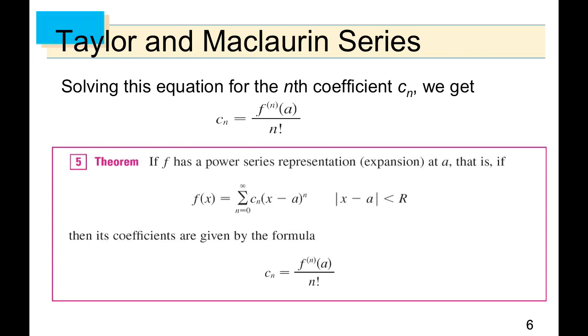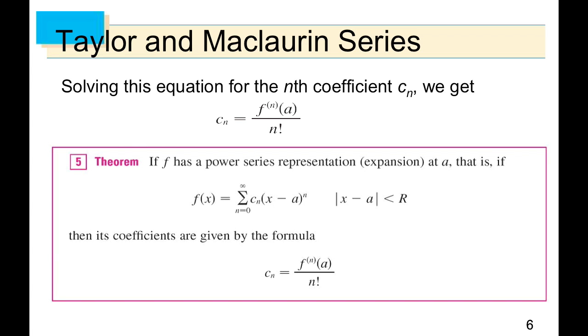Here we go. So, if a function has a power series representation or a power series expansion, so if it takes on this form, and there's some radius of convergence, we haven't talked about that.